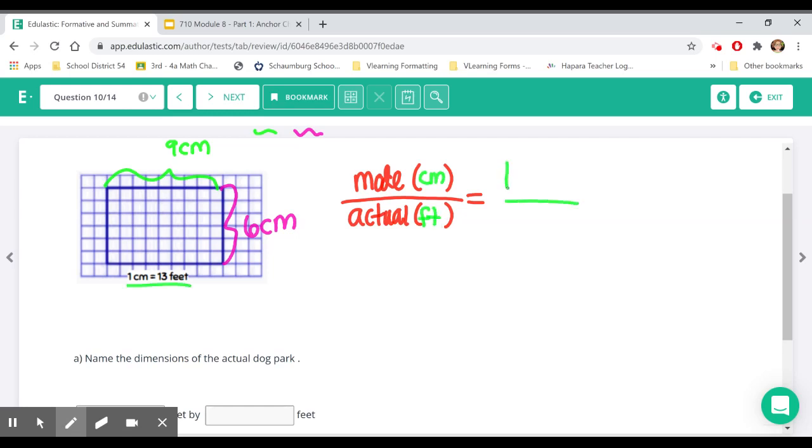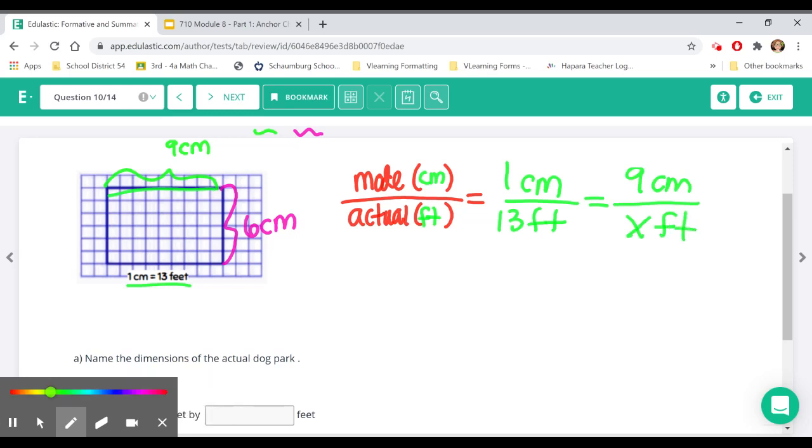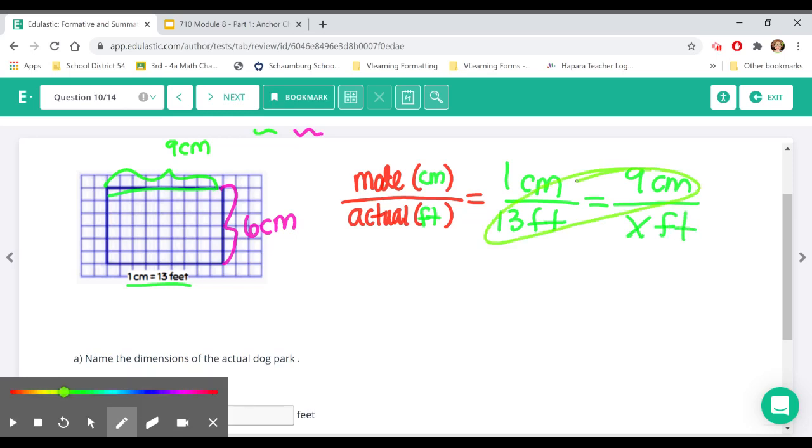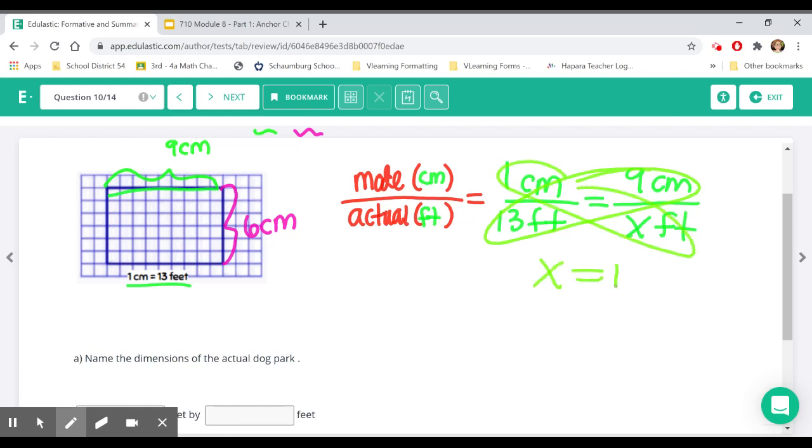So 1 centimeter is equal to 13 feet is going to be used for a proportion to find the length here. We know that it's 9 centimeters, but we're looking for how many feet. Using cross multiplication, we get x is equal to 117 feet for our length.